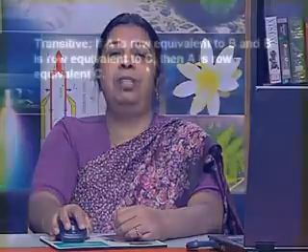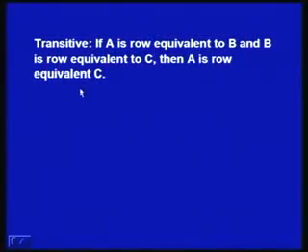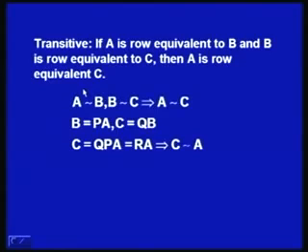In transitive I have three matrices. It has been given to us that A is equivalent to B, B is equivalent to C, and this implies that A is equivalent to C. That is the meaning of the transitive property.